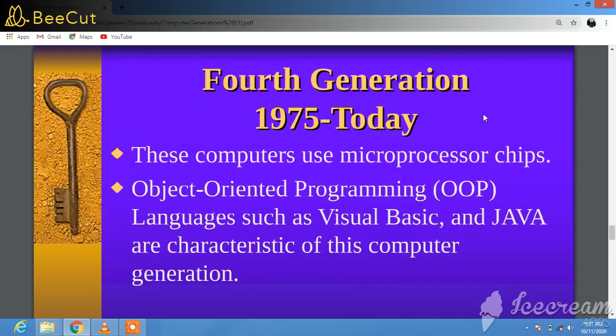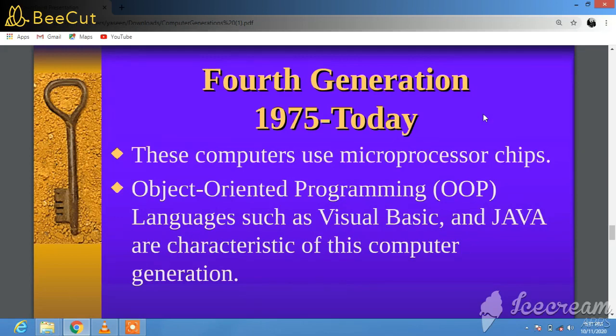So in the fourth generation the size was greatly reduced. In the fourth generation the concept of the internet was introduced and no AC is required. The Star 1000 and Cray 1 supercomputers are examples of the fourth generation.